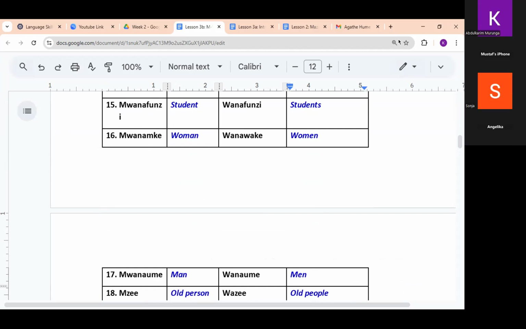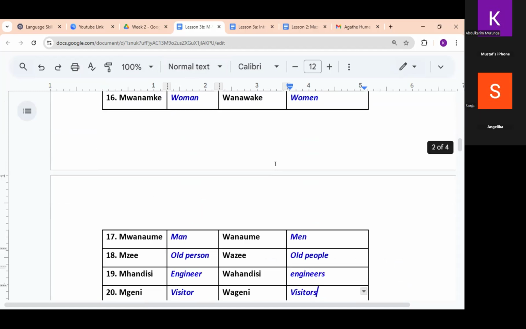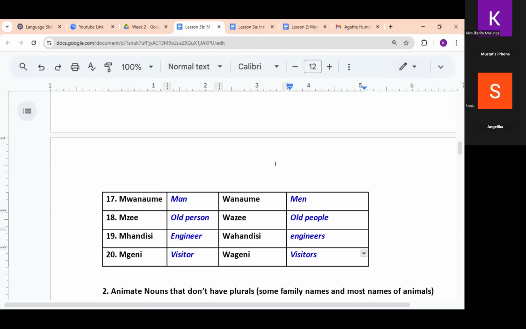Mwanamke, wanawake, mwanaume, wanaume, mzee, wazee, mhandisi, wahandisi, mgeni, wageni. Asante sana, asante sana.